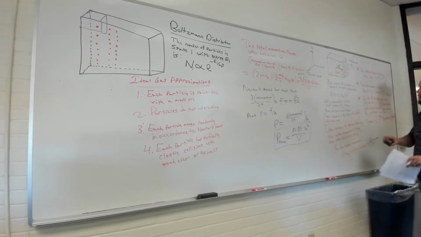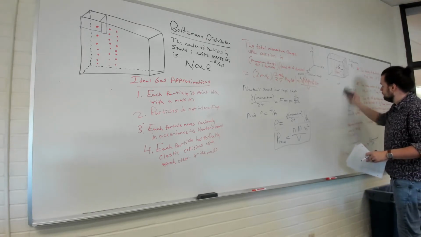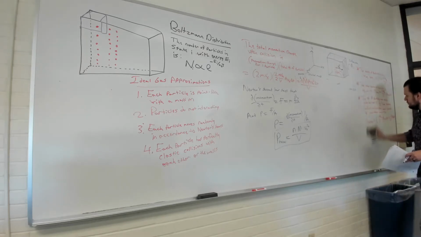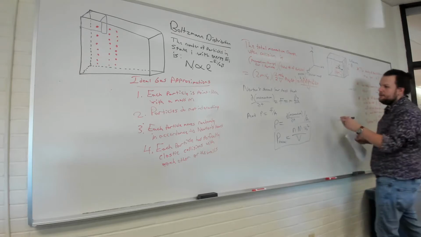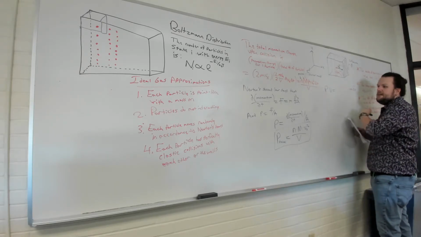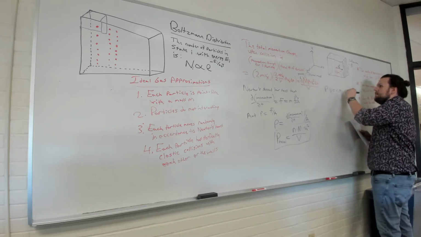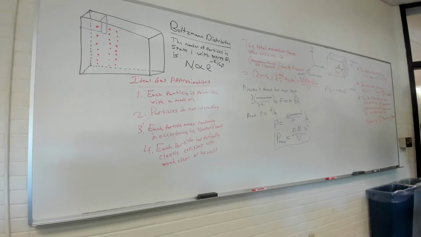So we don't need this. Now let me rearrange this a little bit. This says that P times V is equal to N times M times vx squared. It's already kind of looking like PV equals nRT.